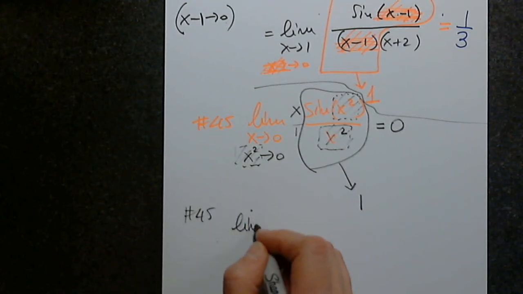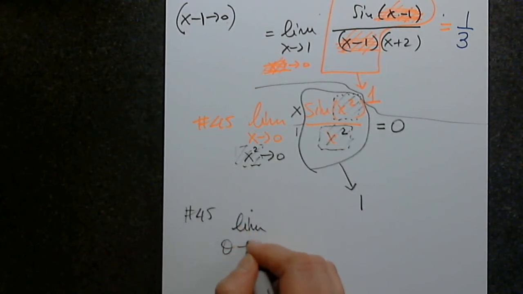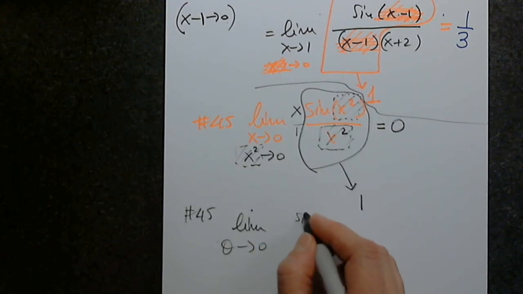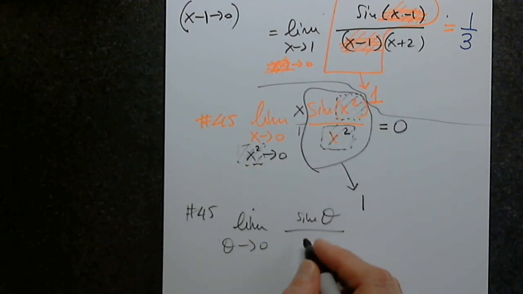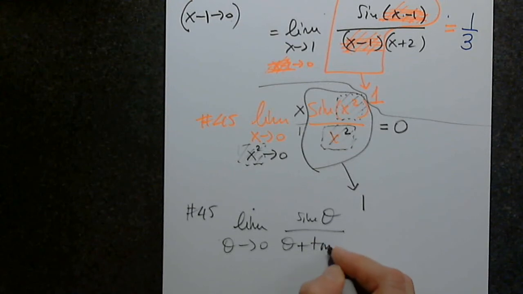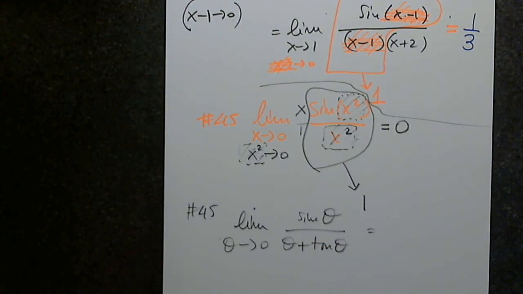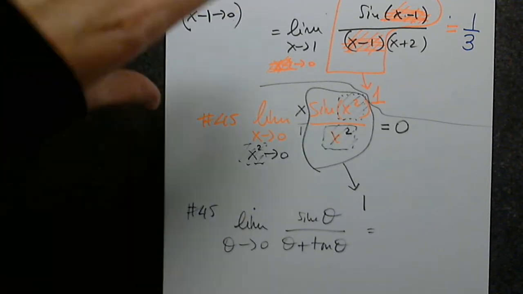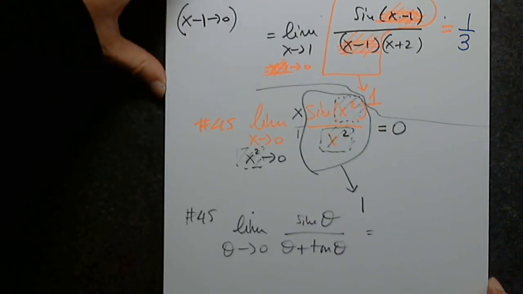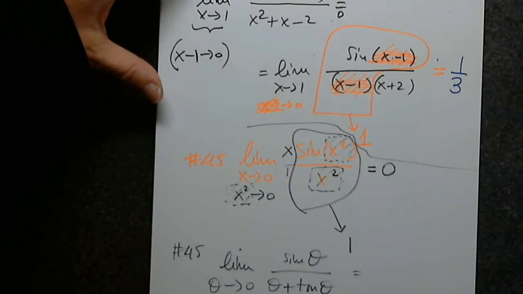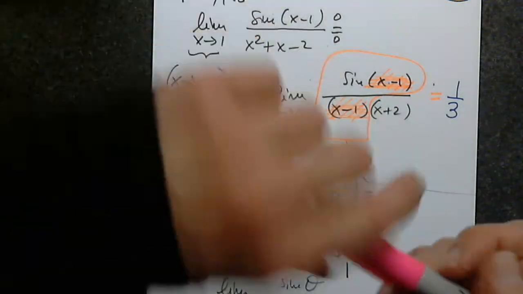So the limit as theta approaches 0 of sine theta over theta plus tangent theta. I love this one. Thank you for picking that. Okay, so what do I do? Yes, I plug it in first. Here I didn't do it, and I should have. It's 0 over 0, of course.